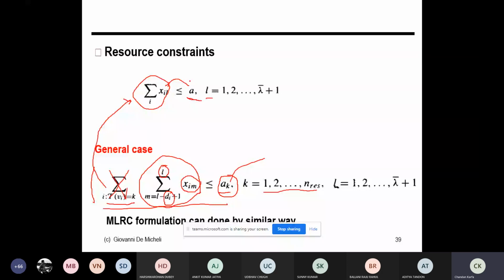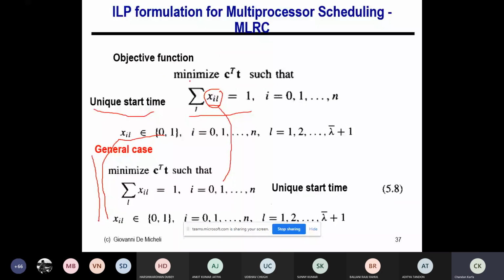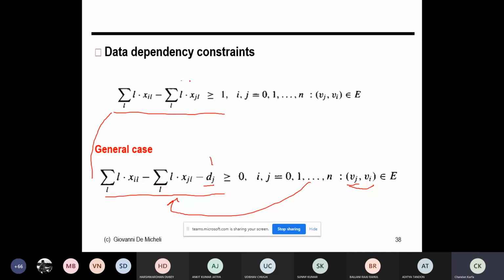If we formulate this way, then it actually solves the MLRC problem for multiprocessor scheduling, right? So this is the ILP formulation. But as I mentioned, this still remains an NP-complete problem. We can just assume the proof here because this is a generic course, but if interested, we can go into detail. The problem remains NP-complete even under these two assumptions, right?